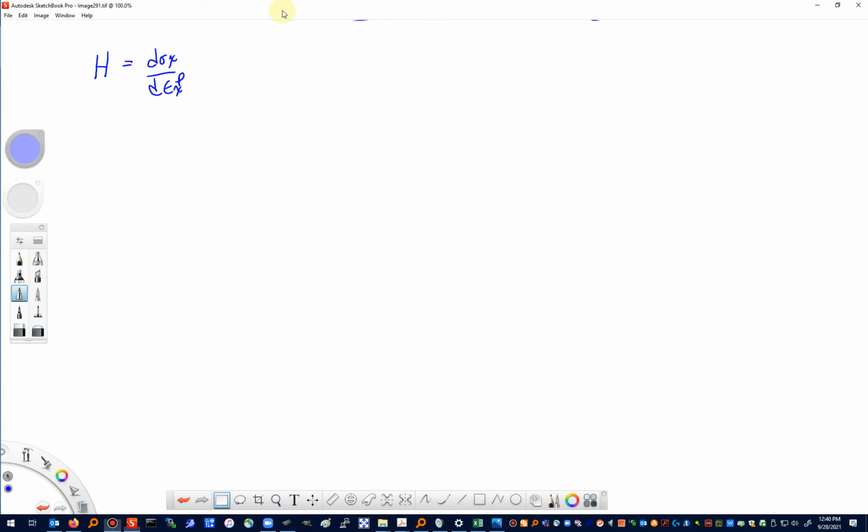Alright, so here we are with h. And let's see. A Ramberg-Osgood equation looks like this, in terms of total strain, epsilon xp is equal to sigma over k to the 1 over n.